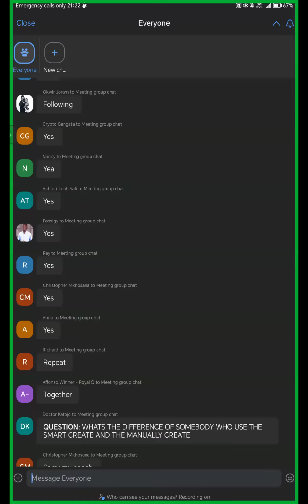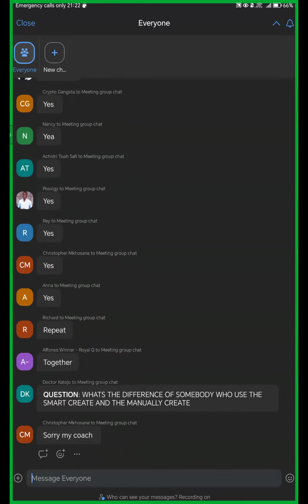When you see there on smart, it shows you. While the manual create means you don't want those recommendations from Royal Q. You want to do your own settings because it is a semi-automated robot. So you can change the settings and give instructions how you want it. That's the manual create. Is that okay, Doc?